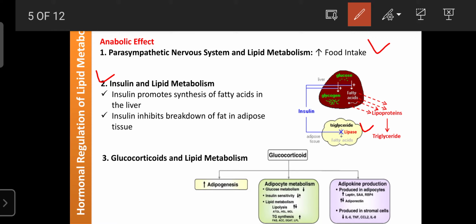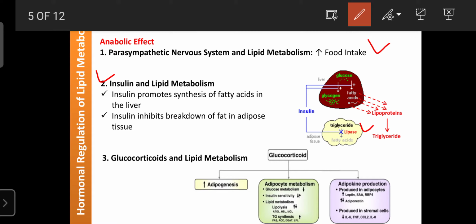In the liver, it enhances the synthesis of triglyceride, and in the adipose tissues, it inhibits the metabolism of triglyceride. Like that, it enhances the synthesis and deposition of triglyceride, so insulin is involved in the regulation of lipid metabolism.